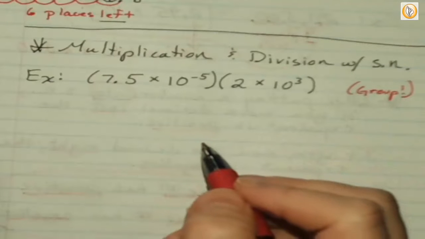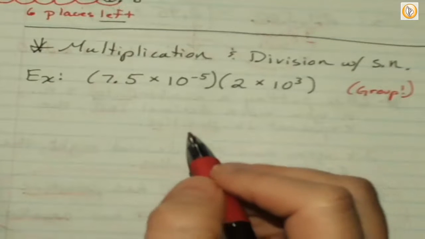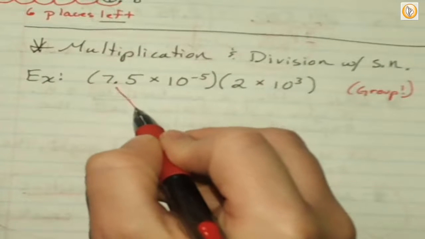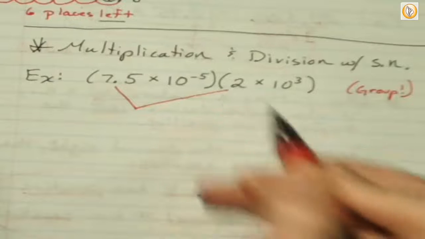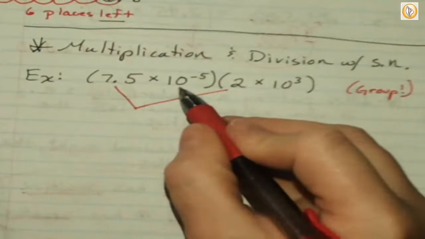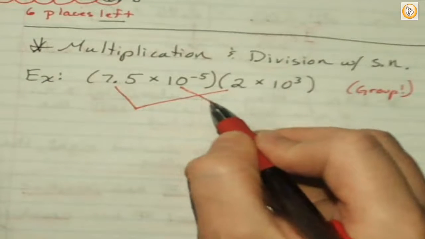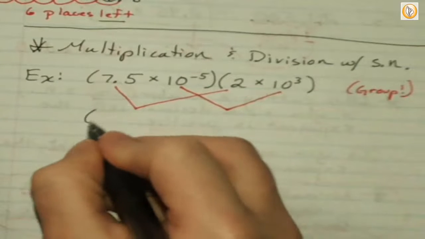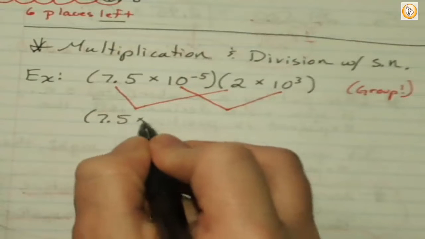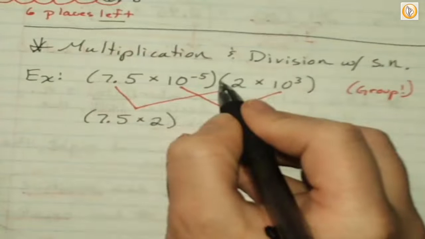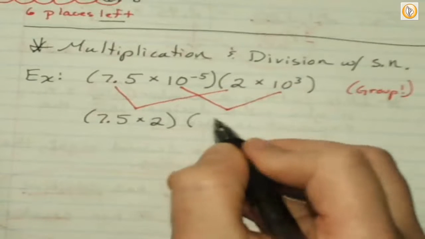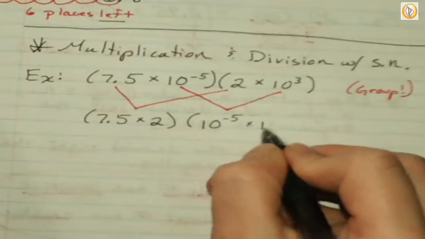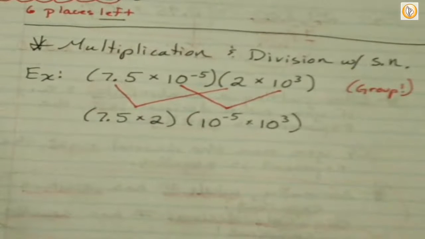Now, you're going to group. Watch what I do. 7.5 times 2, and then we're going to do 10 to the negative 5 power times 10 to the third power.